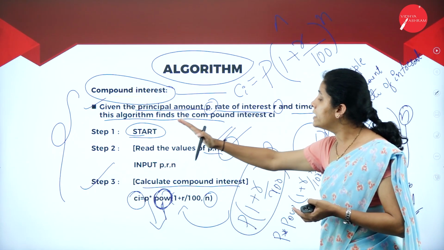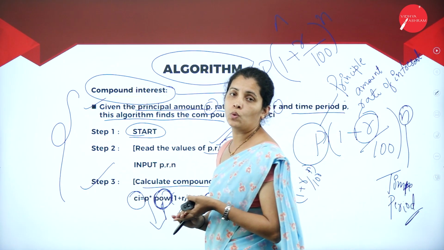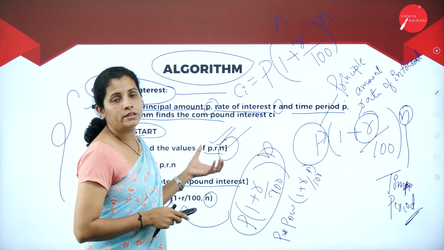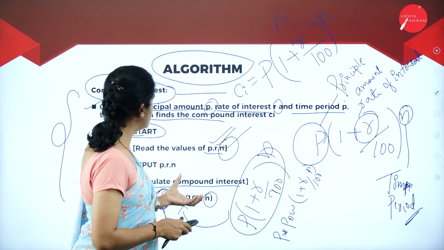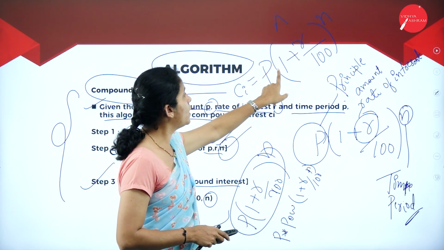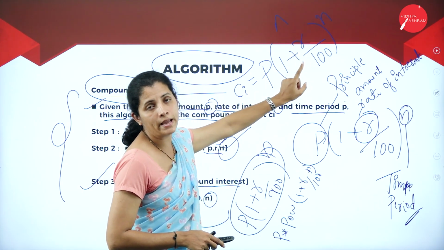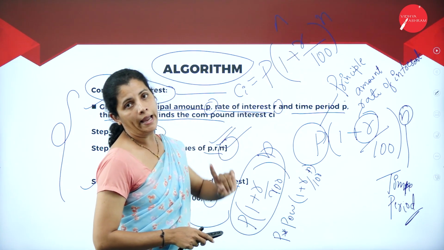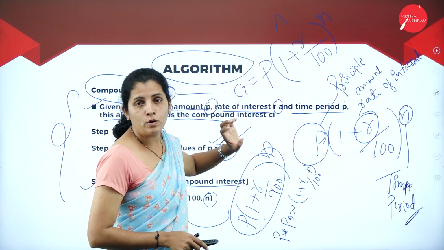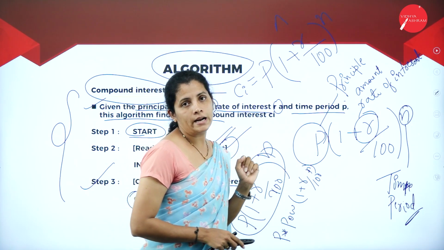Then after reading input, what do I want to do? I want to find the compound interest for this input. For that reason, I'm going to have the formula, that is P of 1 plus R divided by 100 to the power N. But in computer science, we cannot write this formula directly.